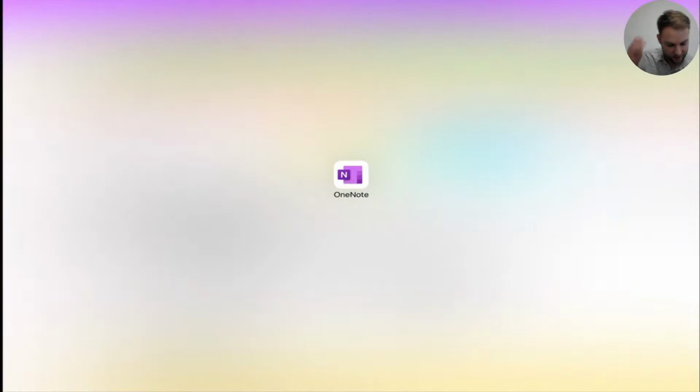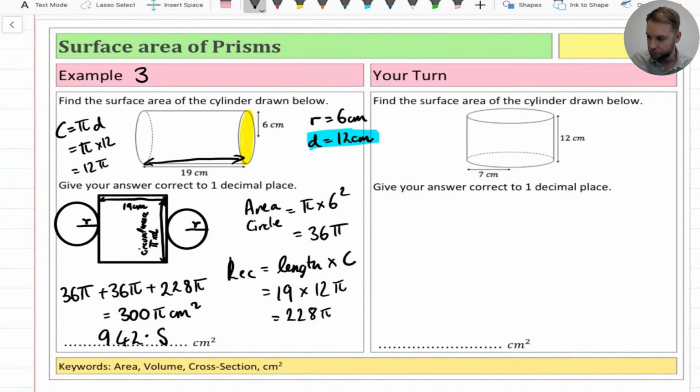Okay, get that one down as example 3. And once you've done that, have a little go at that one on the right hand side.